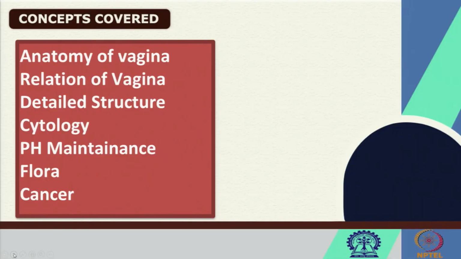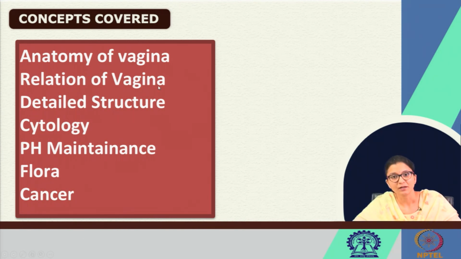Coming straight to the topic, the concepts covered are the relationships of vagina with the adjoining pelvic structures, detailed structure of vagina, the cytology of vagina and its clinical importance, the pH maintenance of the vaginal epithelium, the vaginal fluid, the flora or the commensals, the bacteria which reside in vagina, thereby helping in vaginal defense, and ultimately we will touch upon a little bit on vaginal cancer.